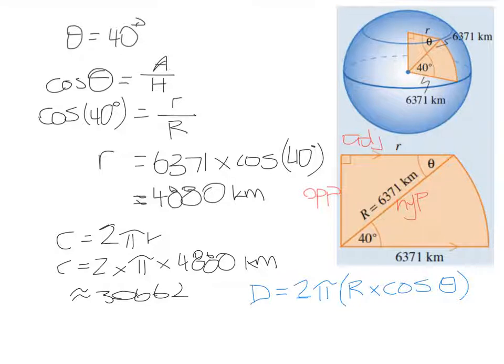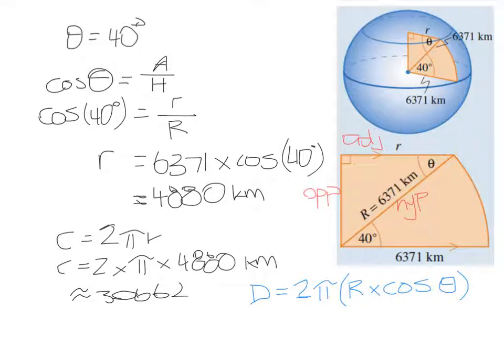So, if we compare to a great circle, the distances are reduced by the factor of cosine theta, so whatever that theta is.